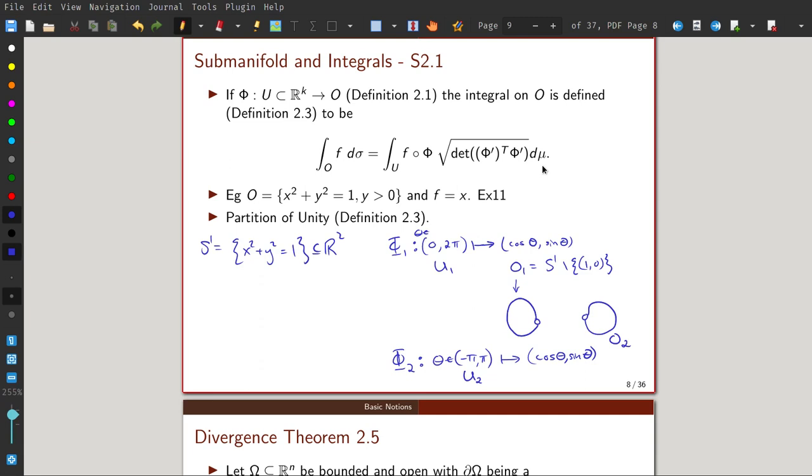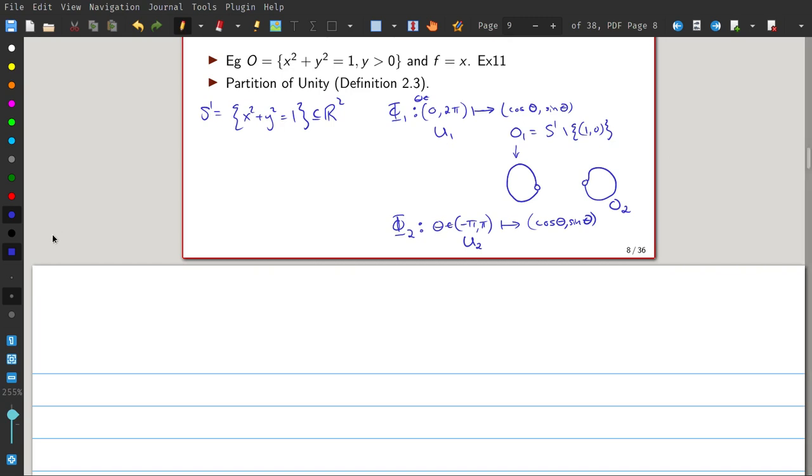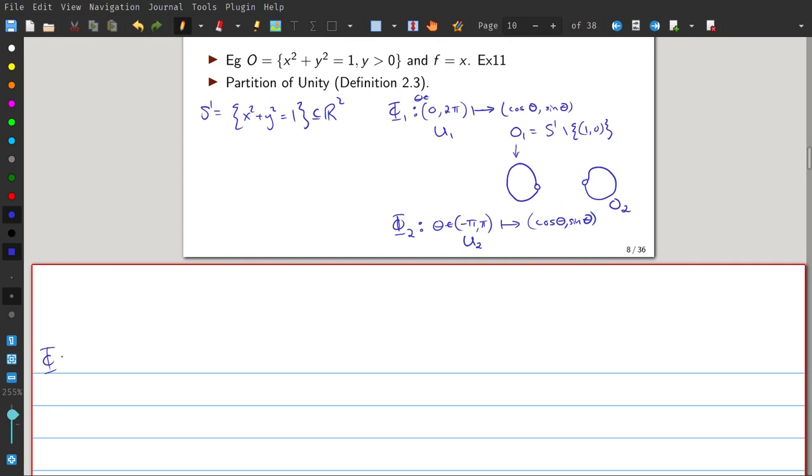So let's do this example here, where O is part of a circle where y is greater than 0, and the function f is equal to x. Okay, so the first thing we need to do is get a parameterization that covers O. So we'll take our phi to be from theta in U, and we can take U to be 0 to pi, because the part of the circle with y greater than 0 has angle between 0 and pi.